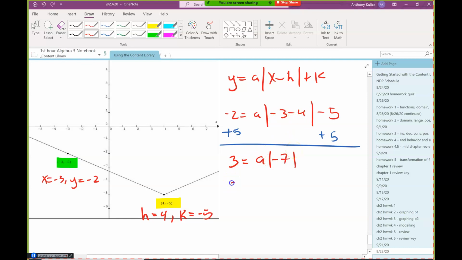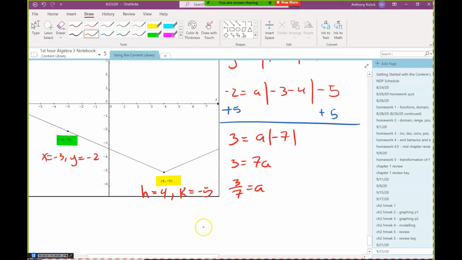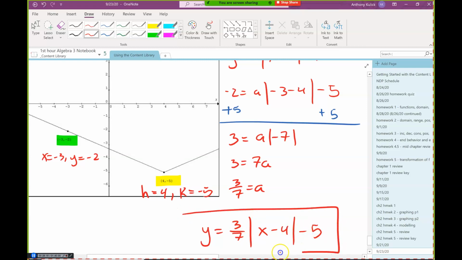And the absolute value of negative 7 is positive 7. And if I divide both sides by 7, I get that a is 3/7. So if I put that all back together, I have y equals 3/7 times the absolute value of x minus 4, minus 5. How was that? Was that okay? Good.